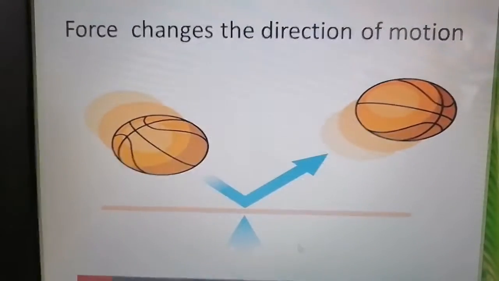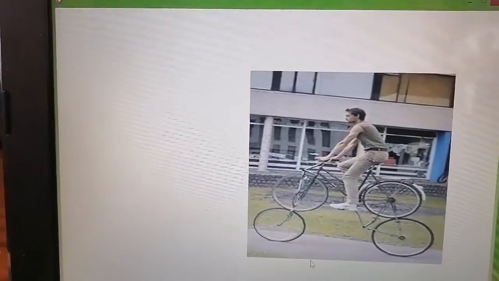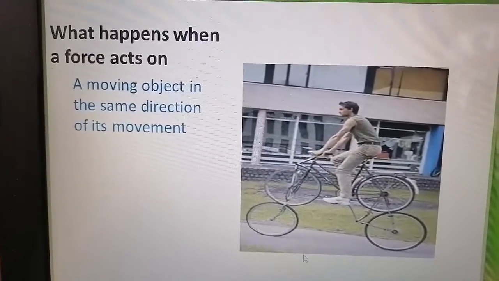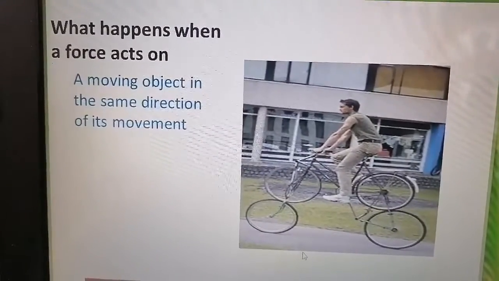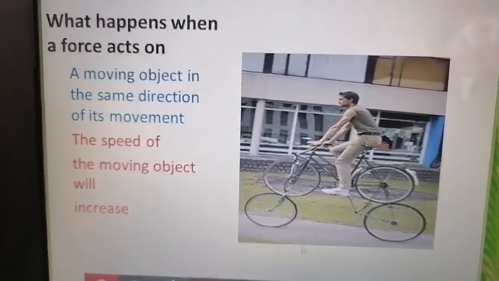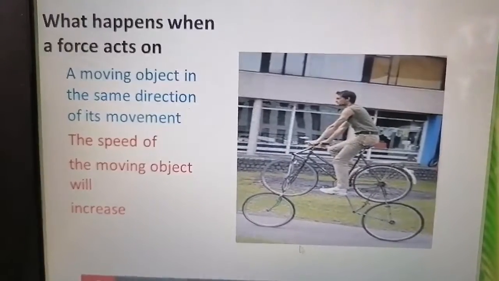So force changes the direction of motion. What will happen when a force acts on a moving object like this bicycle? It is already in movement, so the speed of the moving object will increase.